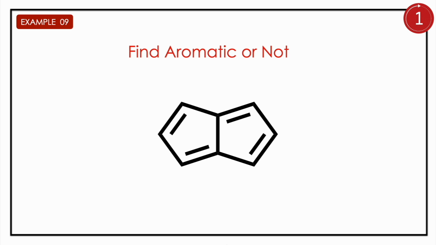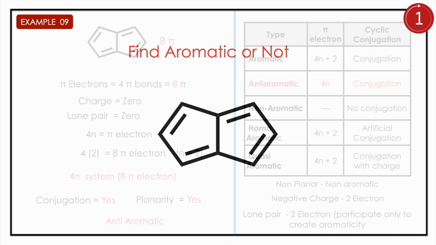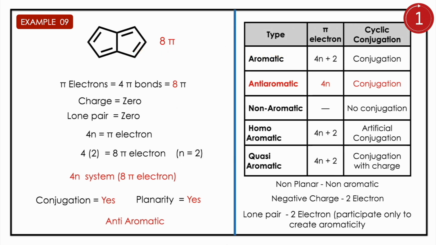Then the next example, here you have a fused pentalene system, 2 five-member rings fused through 2 carbons. You have 4 double bonds. You should find whether the compound is aromatic or not. We start from counting the pi electrons, totally 4 pi bonds, so totally 8 pi electrons.